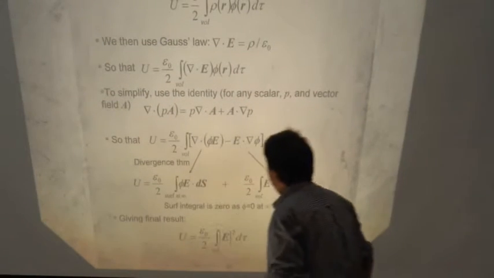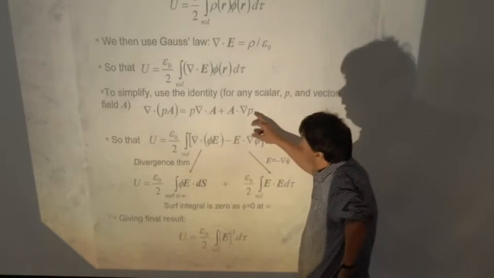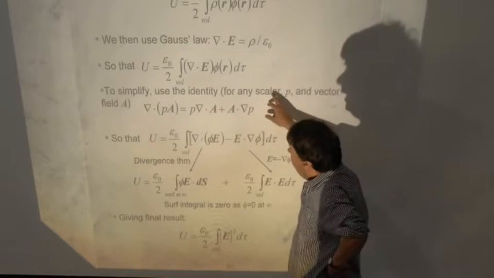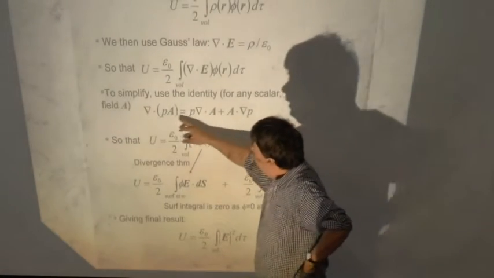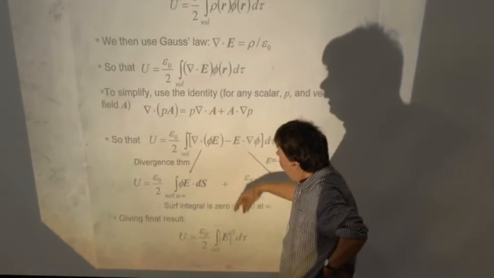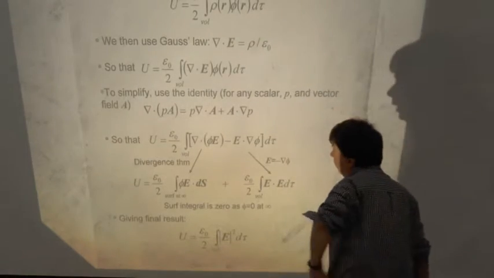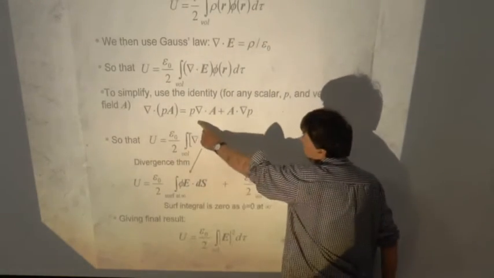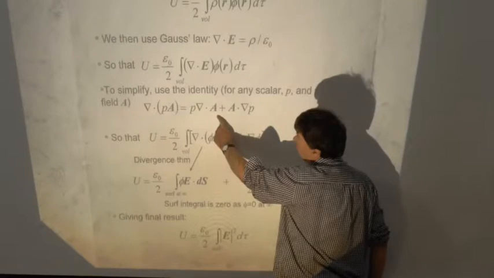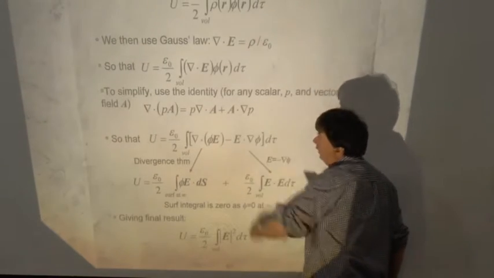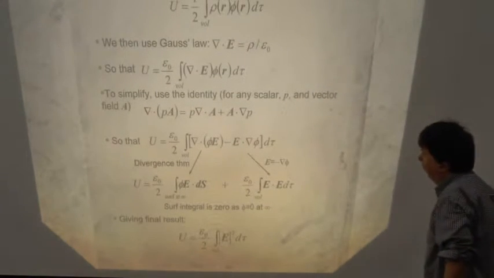And again, you might have done this with Peter Main's course, that if you have any scalar field P and any vector field A, you can use the general theorem that the divergence of PA is equal to P times the divergence of A plus A dotted with the gradient of P.